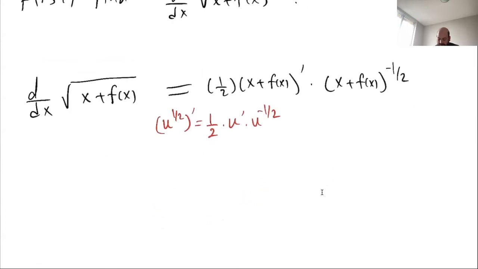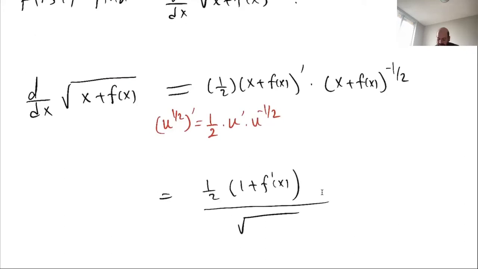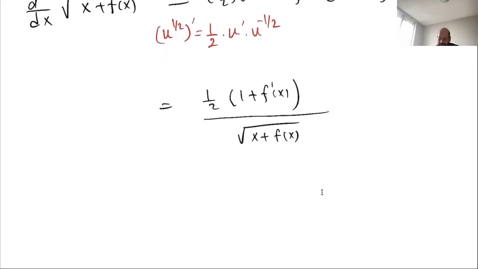So that is 1/2 times 1 plus f prime of x, divided by root of x plus f of x. Now replace x with -1.